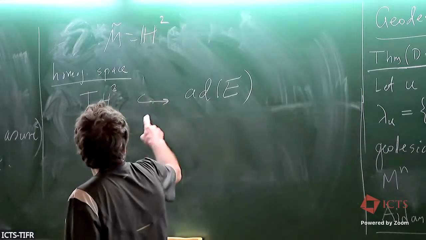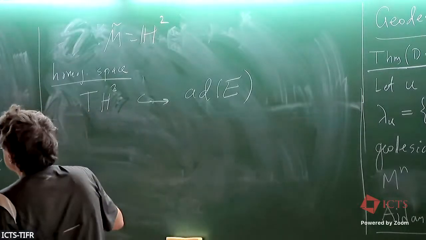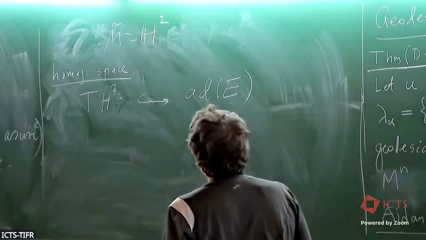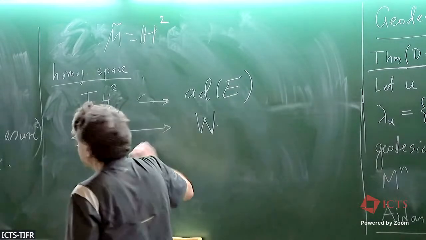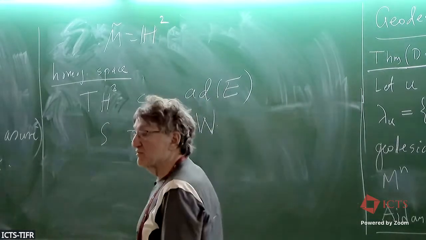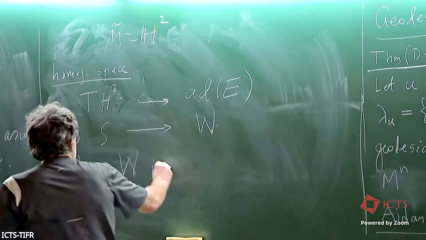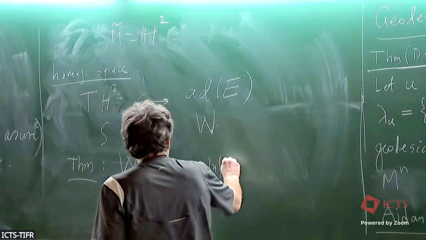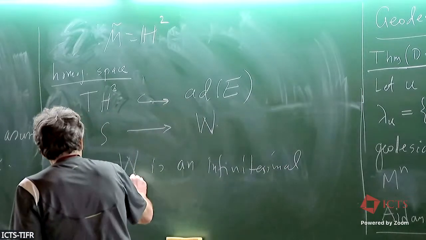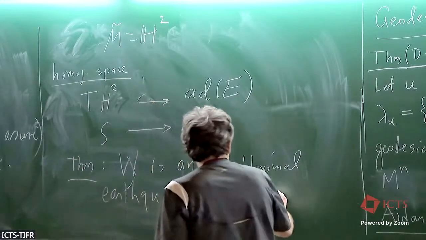Then, if you take W, what corresponds via this embedding, you get something with values in the Lie algebra bundle, and the theorem is that W is an infinitesimal earthquake for some transverse measure.